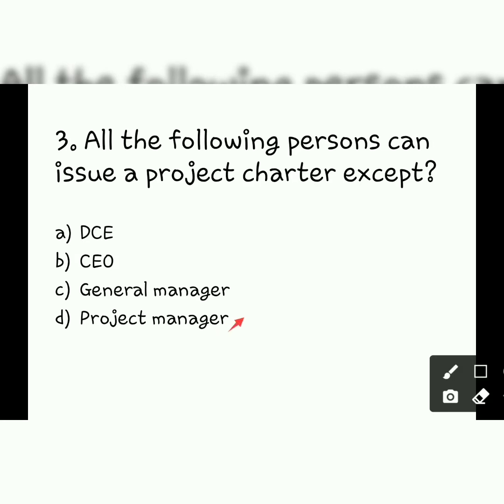The answer is a project manager, because according to the rules of project management, the charter should be issued by someone external to the project. Project manager is not external to the project. He is the overseer of the project. So it should be someone who has overall responsibility, someone external to the project. So that means the answer D.